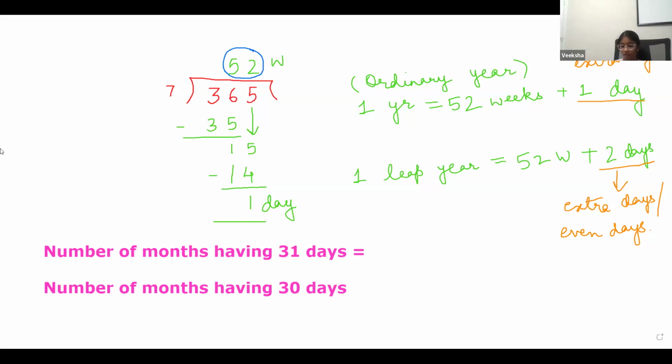How many months would have 31 days, and how many 30 or 31 days?